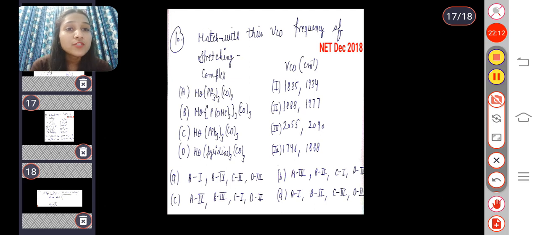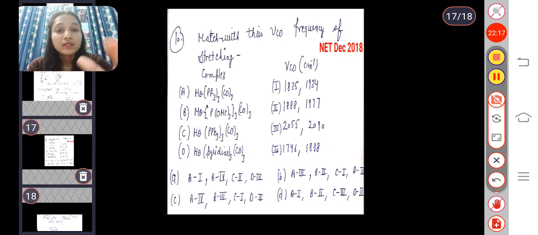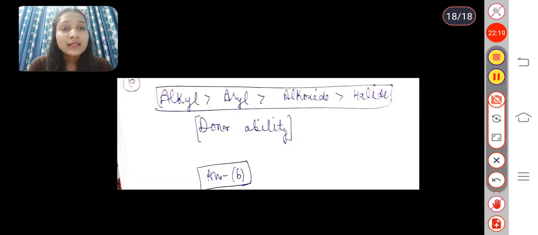In the case of phosphorus ligands, you have to learn only one series: alkyl, aryl, alkoxide, halide. So here you have to give preference to alkyl. In the case of alkyl the stretching frequency will be higher, then aryl, then alkoxide and then halide. This is basically the correct order for the donor ability of phosphorus to the metal.